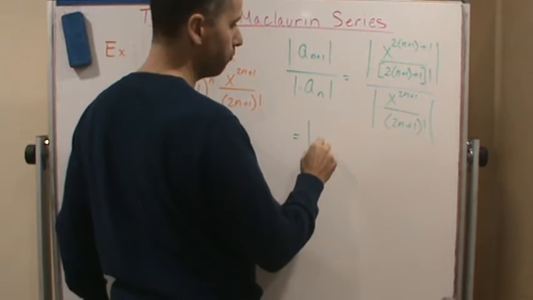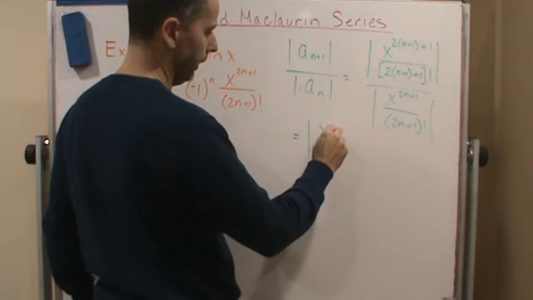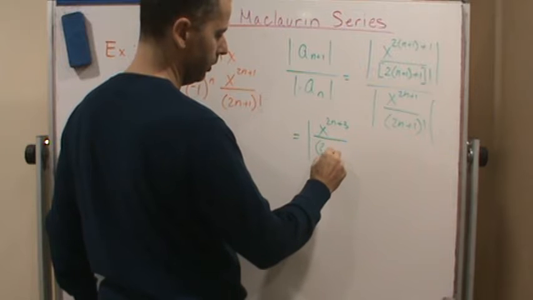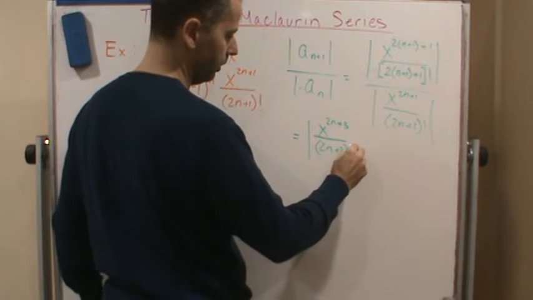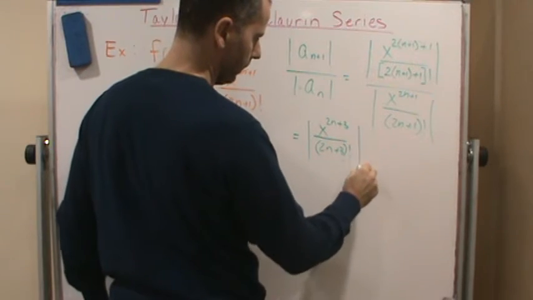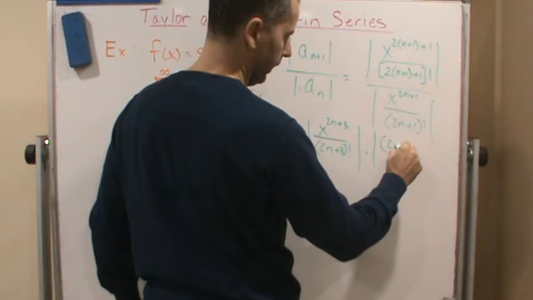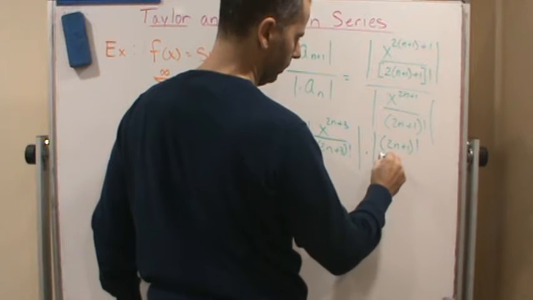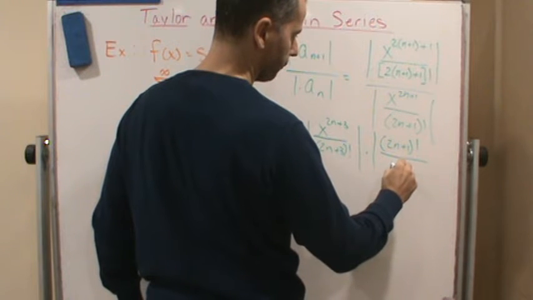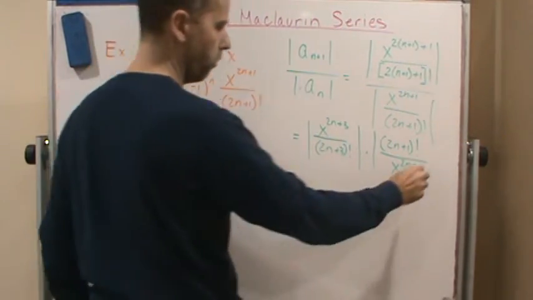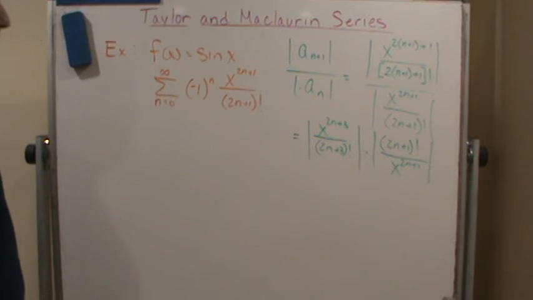So this is going to be equal to x to the 2n plus 3 over 2n plus 3 factorial times 2n plus 1 factorial over x to the 2n plus 1. Okay, so now we get to cancel some things.